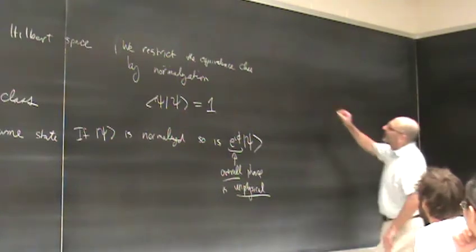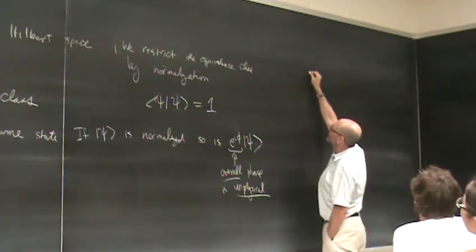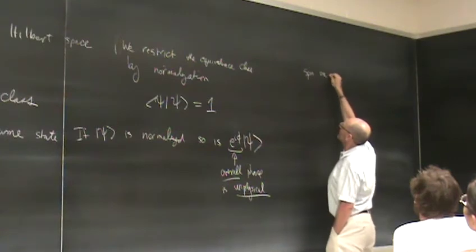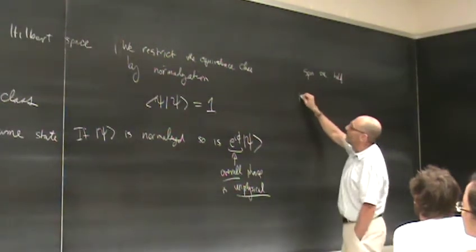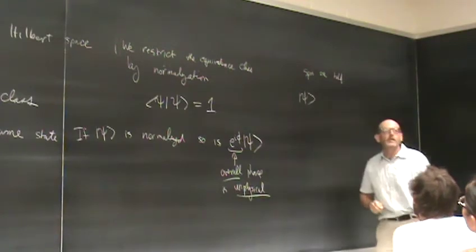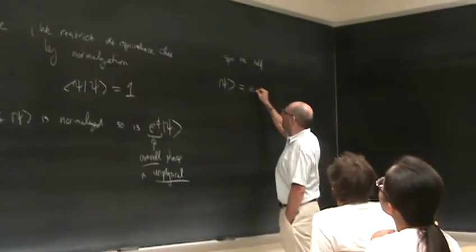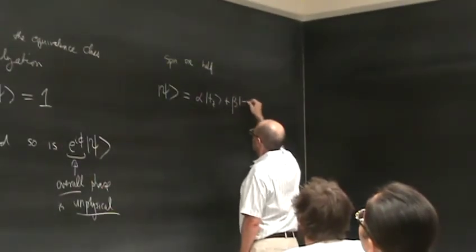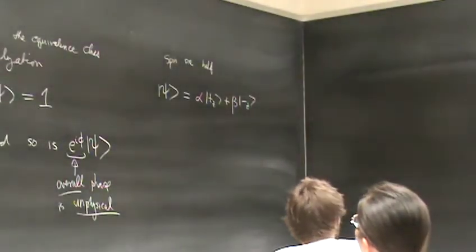For example, let's think about the simple example we've been studying for the last week or so. If we look at spin 1/2, and let's say I have some pure state, psi. That state I can expand in a superposition of the basis vectors spin up and spin down along the z-axis.